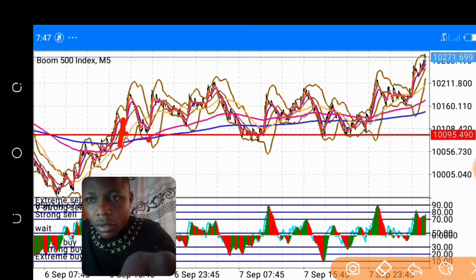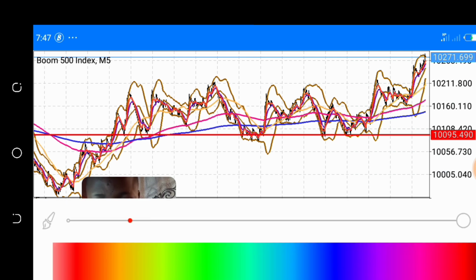Let me use the color blue, because that place is already red. So you can see it touched this support. It crossed this support, so it's still a support zone. It touched this one, it touched this one, and this one. Okay, it's not touching this one, but it's almost close.